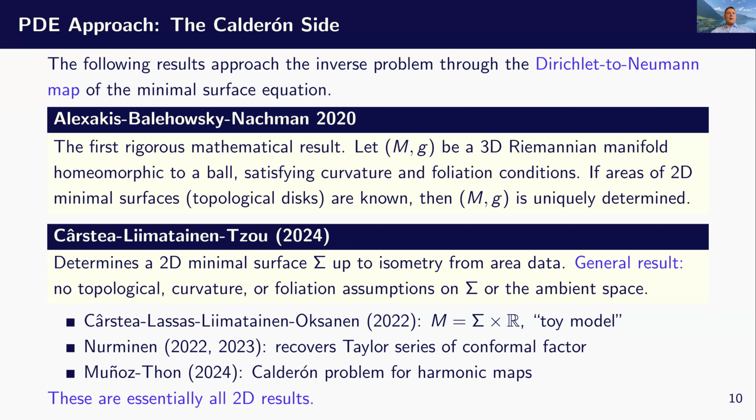And let me also mention a paper by Sebastian Muñoz-Thon, 2024, where he studied the Calderón problem for harmonic maps. Harmonic maps are also a generalization of geodesics. But the common factor of all of these results is that, in one way or another, they rely on solutions to the Calderón problem. They all use CGOs in the arguments.